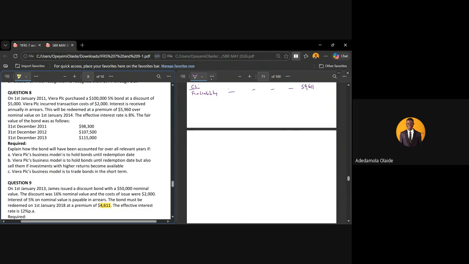We have A, where the business model is to hold bonds until redemption date.